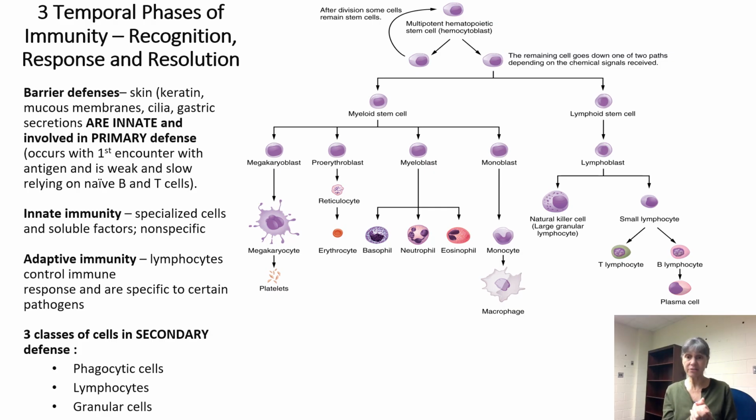However, our primary defense system also includes a first encounter with an antigen. Antigens are things that evoke an immune response, and can be things like bacteria, toxins, cancer cells, viruses, even incompatible blood cells.